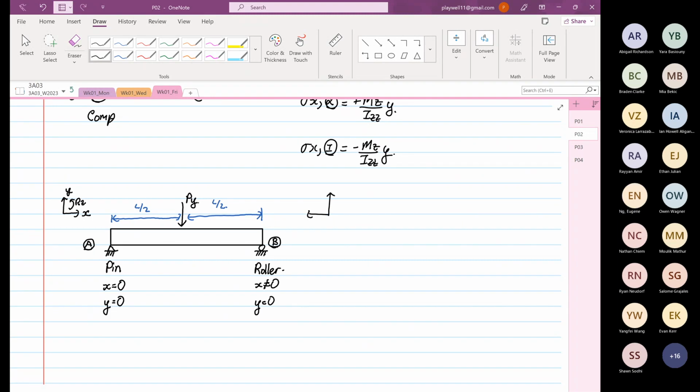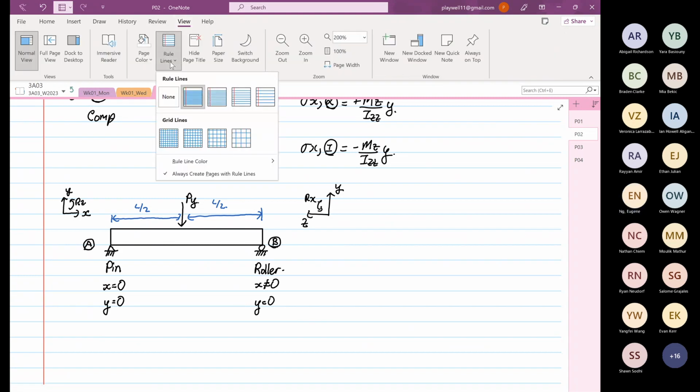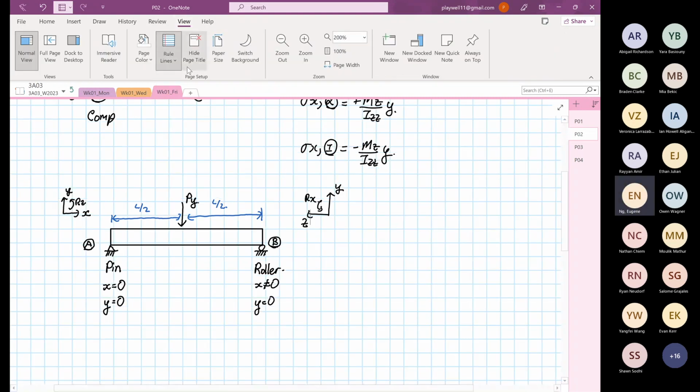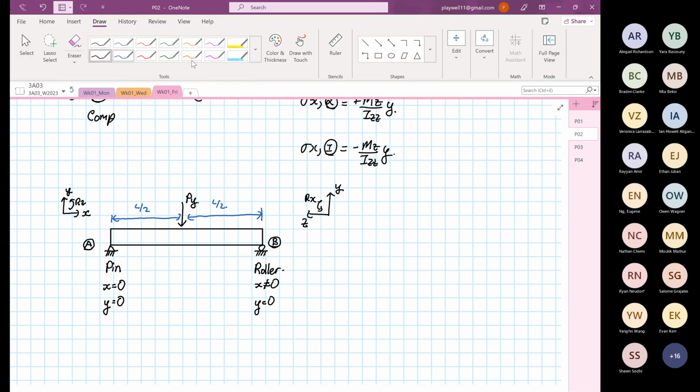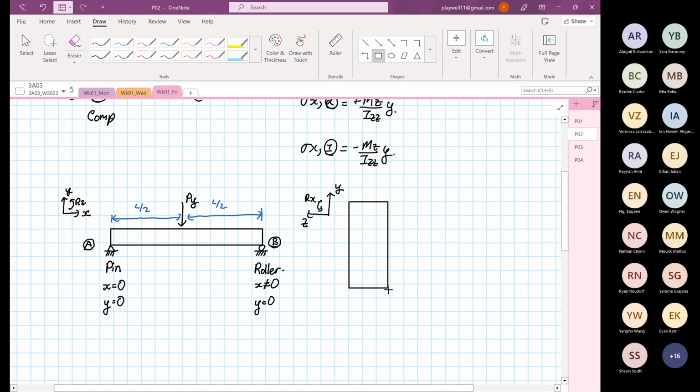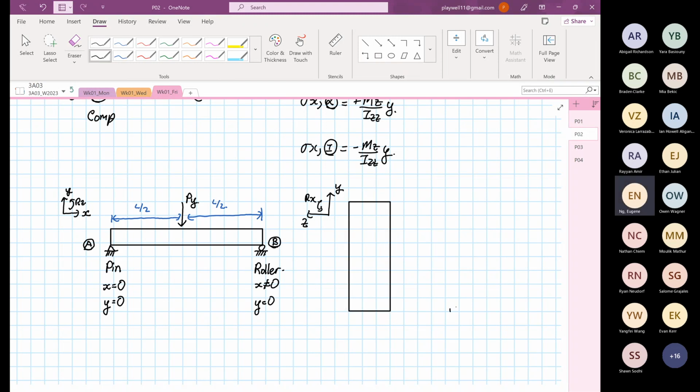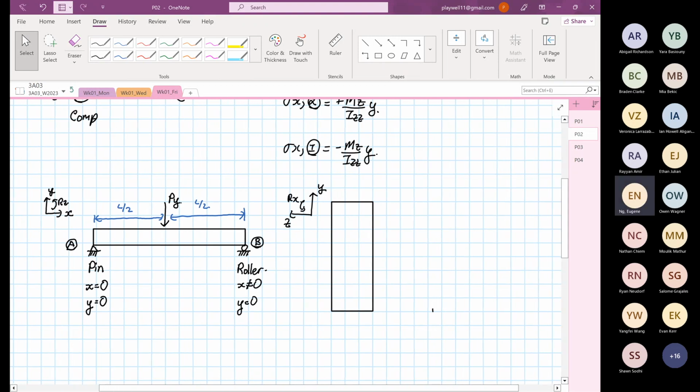This is my Y, this is my Z. This is my rotation X. Then we draw our structure over here. So this is our cross section.